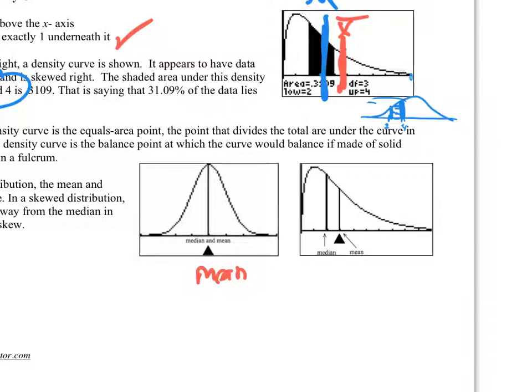Kind of like, think of a yardstick. Anybody who's played with the yardstick, you've balanced them before, haven't you? But what would happen if somebody pulled on the yardstick and pulled it farther out? Would it still be balancing there? What would your finger have to do to keep it balanced? Follow the pull, right? Your finger would have to move to where it was being pulled in order to keep it balanced.